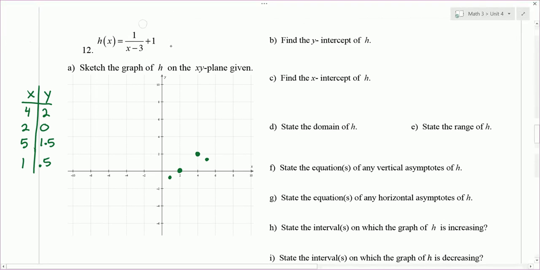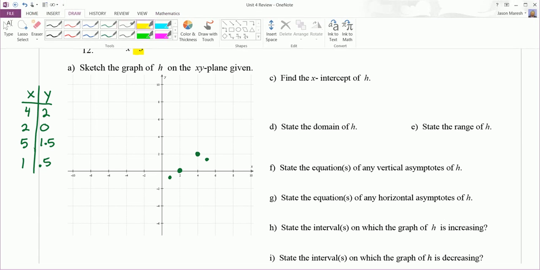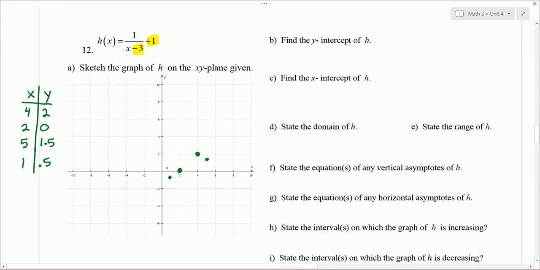A couple problems ago we mentioned the role of the -3 here and the +1. That -3 moves the whole graph to the right 3. From 0, 0, we go right 3, and then that +1 is up 1, right? So right 3, up 1. So this point I'm putting in blue is the center of our graph, and that's where our two asymptotes are going to pass through.